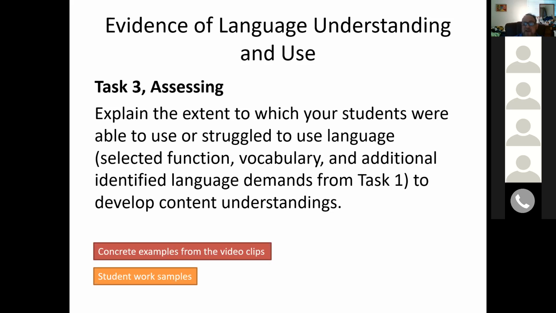Now, the way that you're going to provide evidence of this is concrete examples from the video clips. And in task 3, you can add an extra 3 minutes of video for this very purpose, okay?